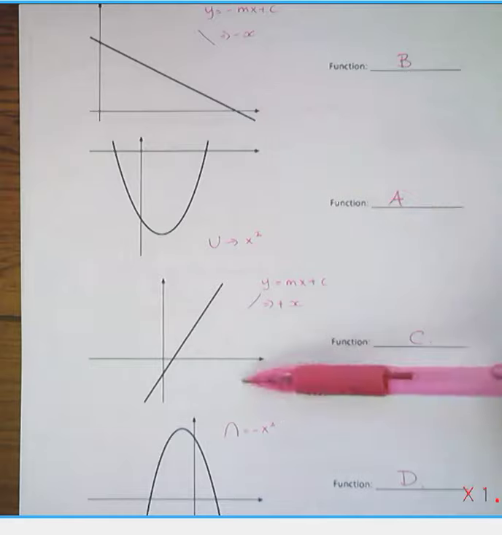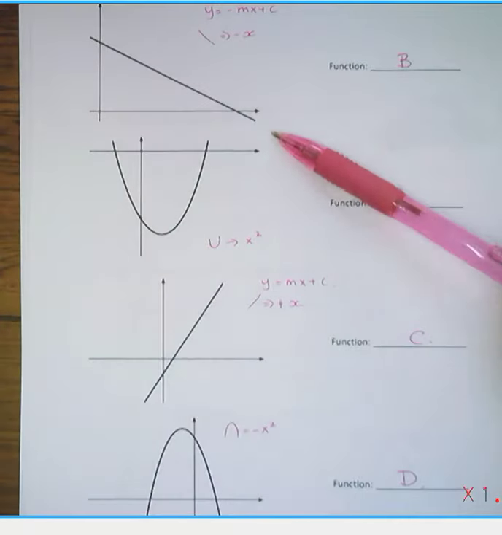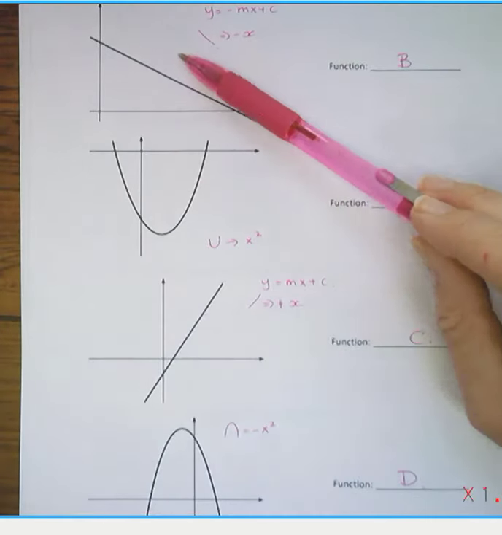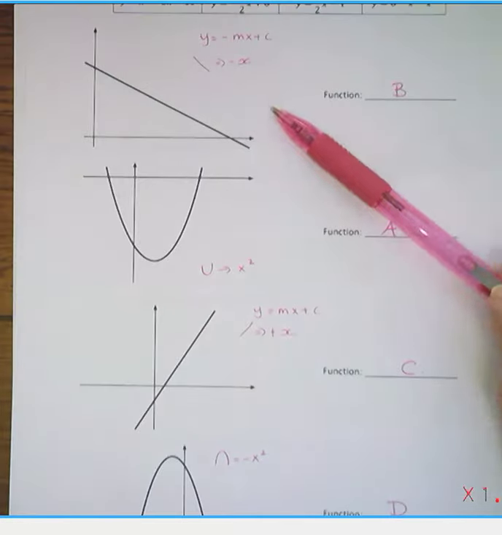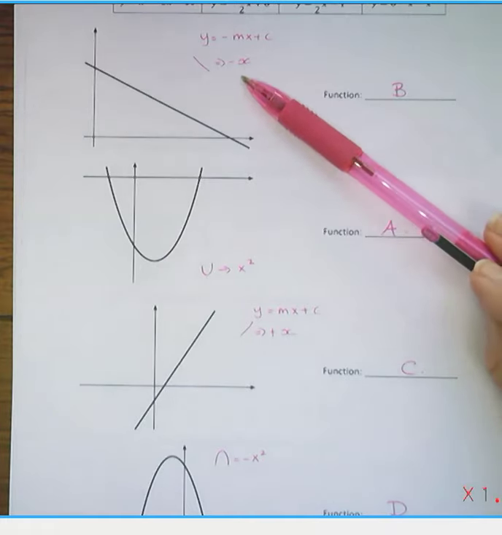Then I'm left with these two, which are linear functions because they're giving me lines. In terms of the line, this is a downhill line, this is an uphill line. So if this is a downhill line, when I have the function in the form y equals mx plus c, so the normal equation of a line, it's downhill, so it will have a minus number in front of my x.